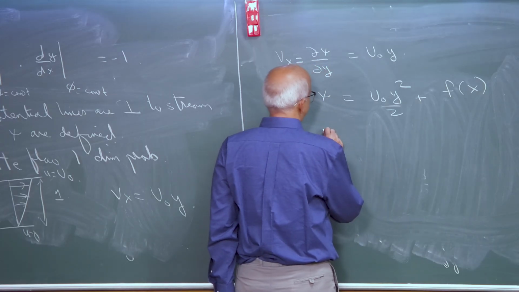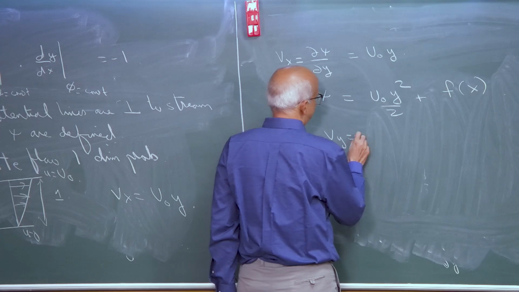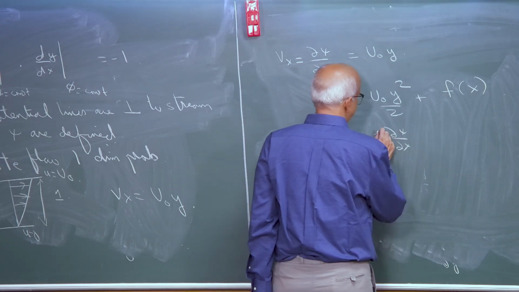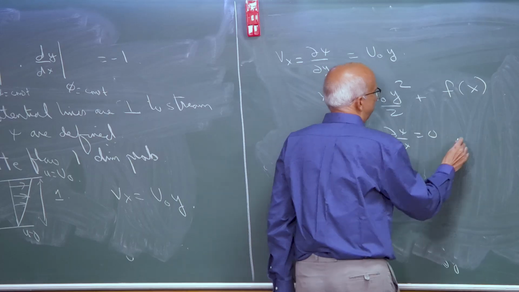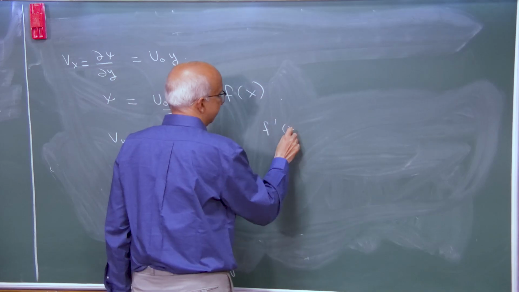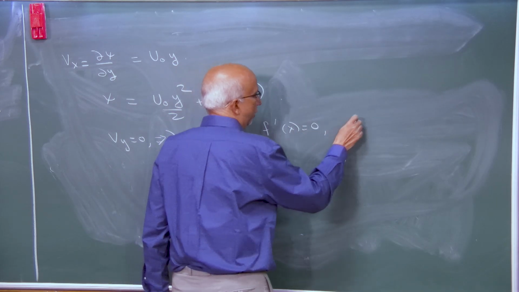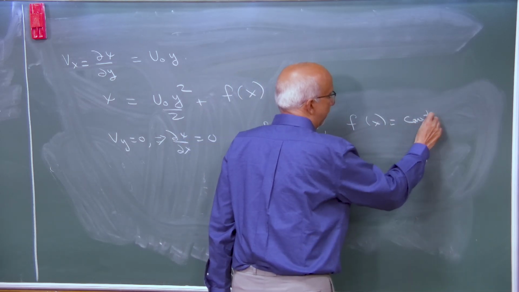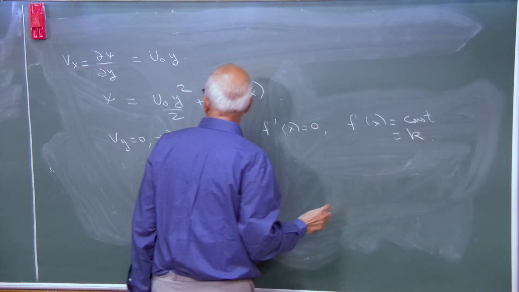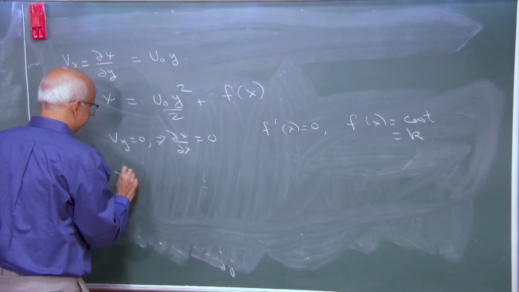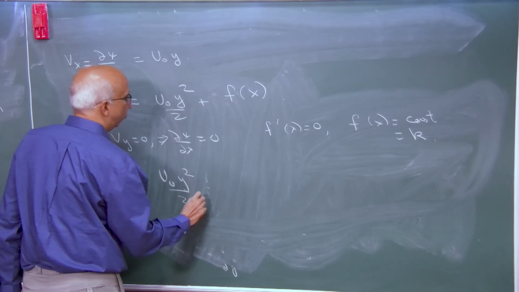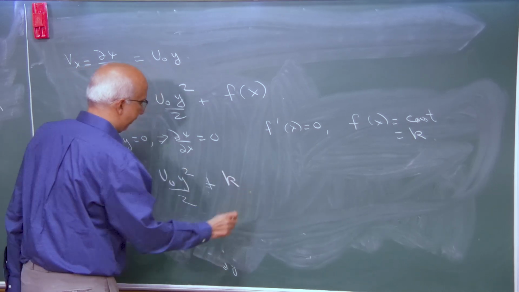So, Vy is 0, which means d psi by dx is 0, which means f dash of x is 0 or f of x equals constant. Let me call it k, okay. So, basically I am trying to tell you psi is of the form u naught y squared by 2 plus a constant k.